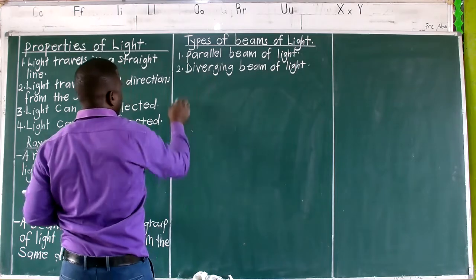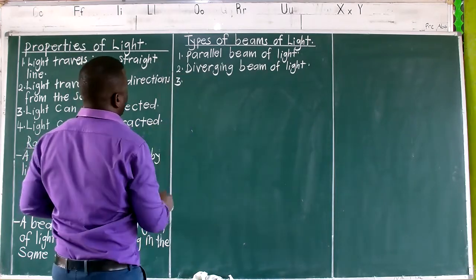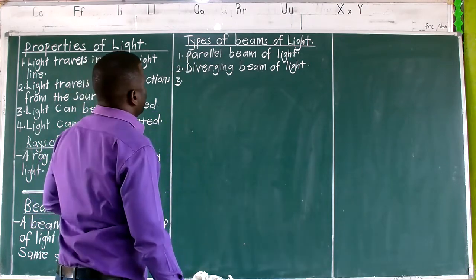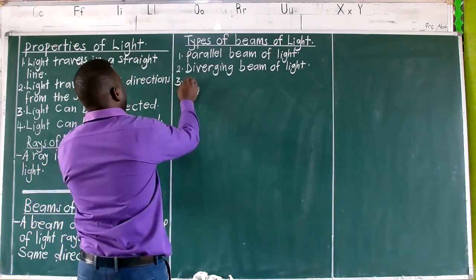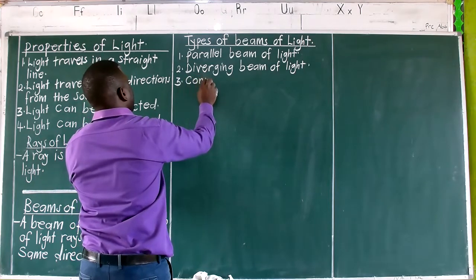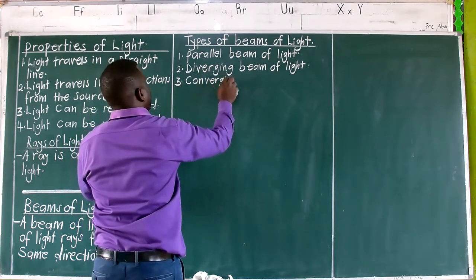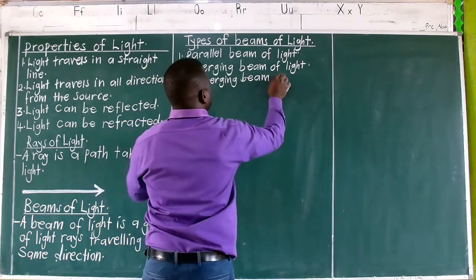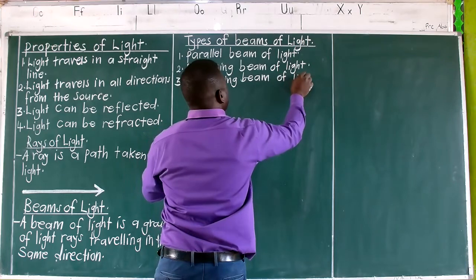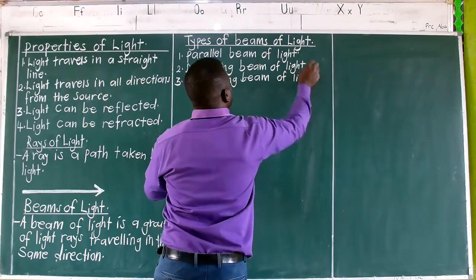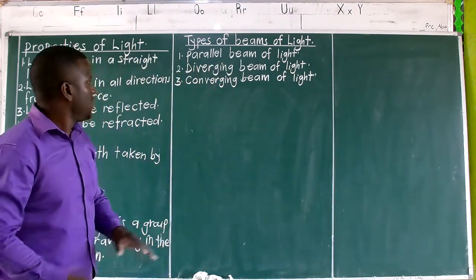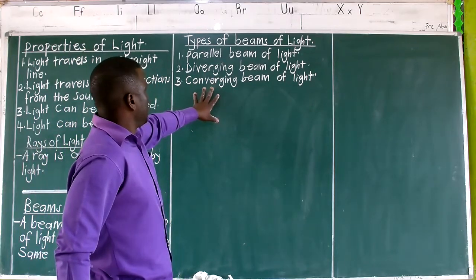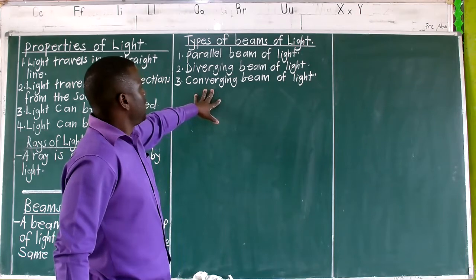Number three, we have converging beam of light. So these are the three types of beams. We have parallel beam of light, diverging beam of light, converging beam of light.